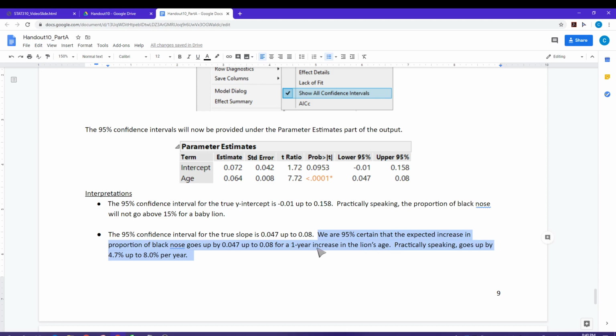This is the slope, so this is all just for a 1-year increase in the lion's age. Practically speaking, if I round that a little bit more, I can say that the proportion of nose black goes up by 5 to 8% per year.